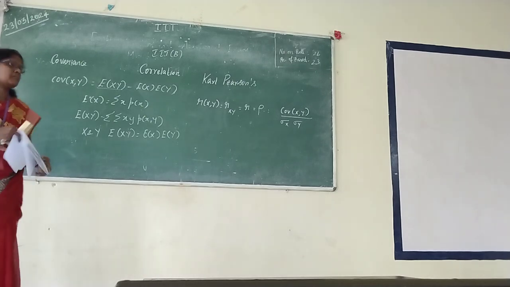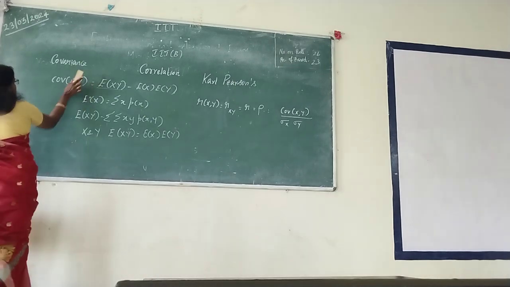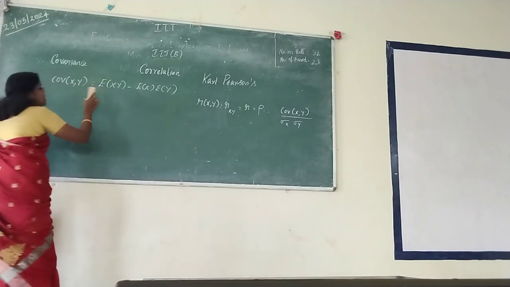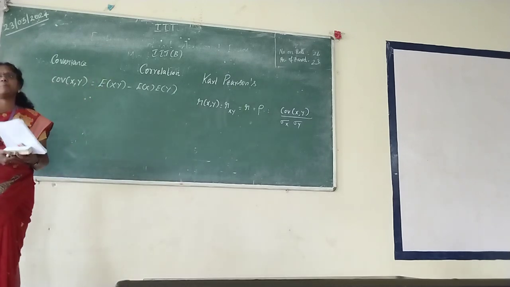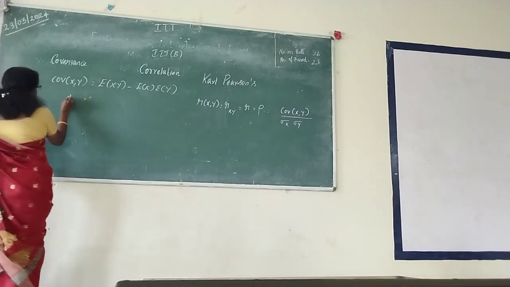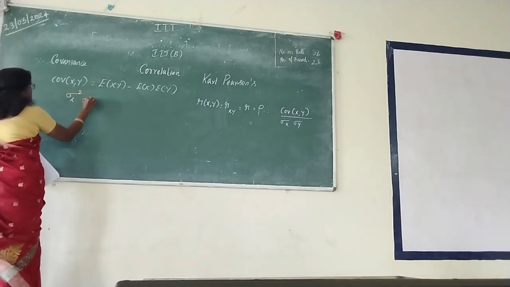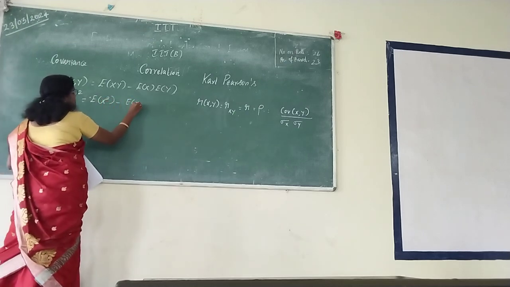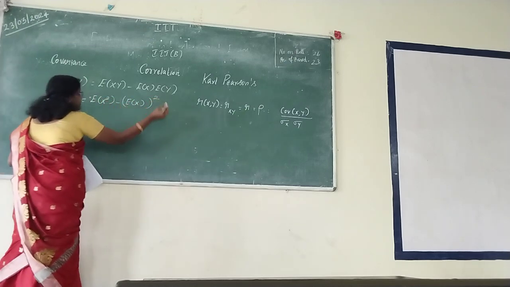Take down. Covariance of xy is equal to expectation of xy minus expectation of x into expectation of y. Sigma x square is equal to expectation of x square minus expectation of x the whole square.